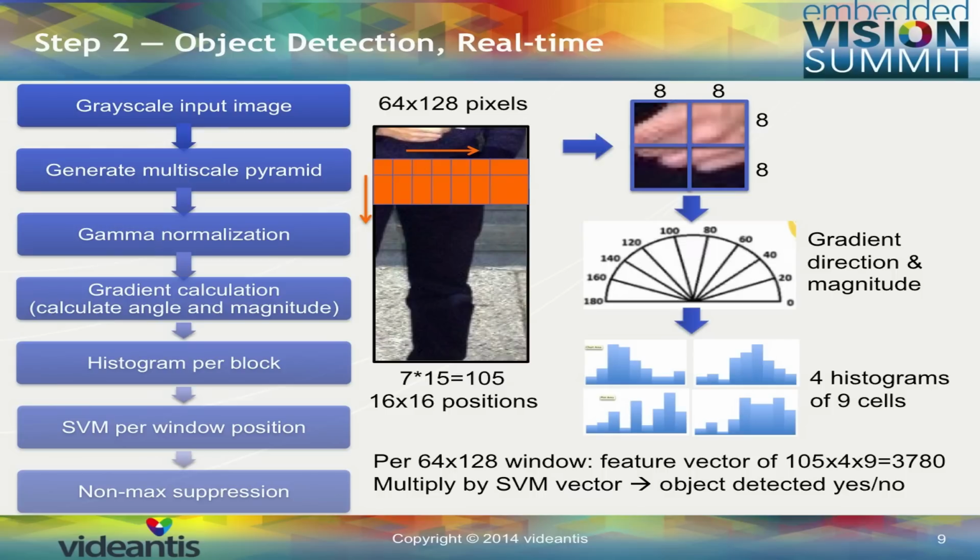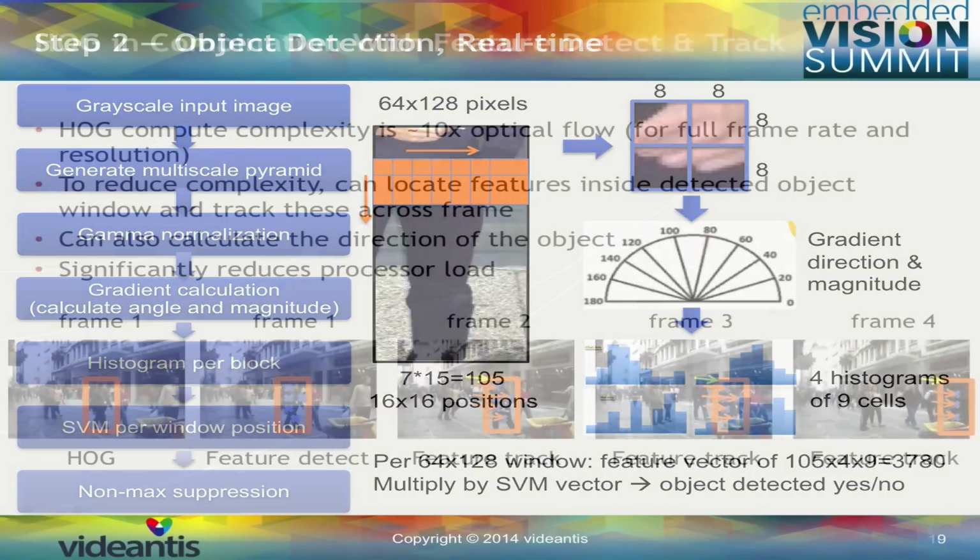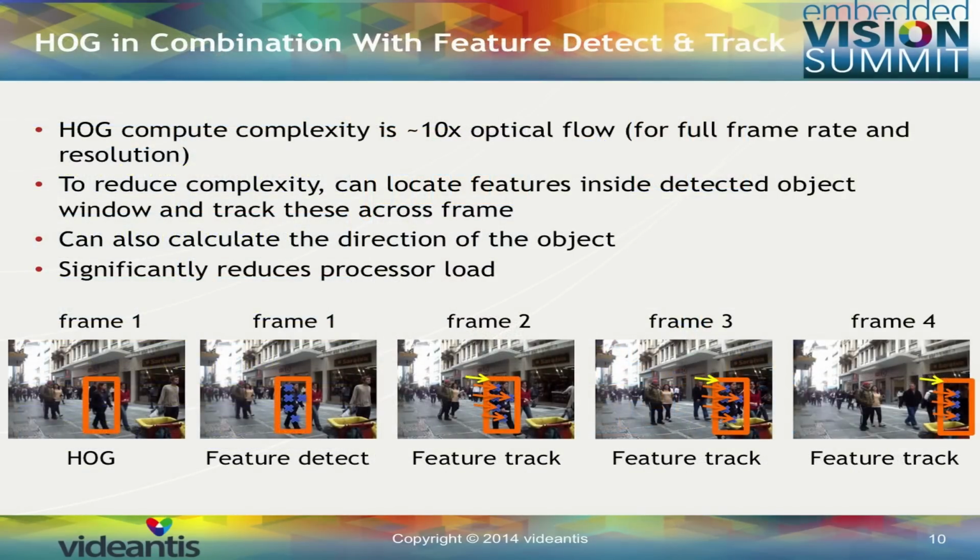So you're going to do a histogram, and at the end of it, for the 64 by 128 window, you actually have almost 4,000 data points if you add it all up. So you have these 7 times 15 positions, 105 positions, and if you multiply that all by the histograms, then you have about 4 kilobytes, or at least roughly 4,000 elements, and that's the feature vector for just this 64 by 128 pixel window. And then you multiply by the SVM. So this is just a dot product, and then you know whether you detected someone in that location. So it's a huge amount of processing if you think about it.